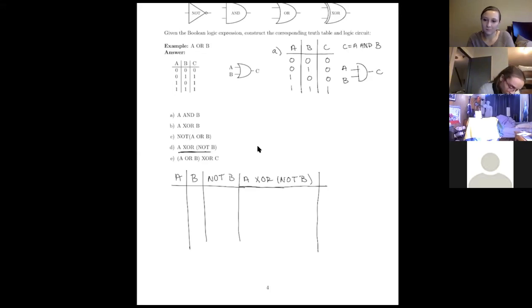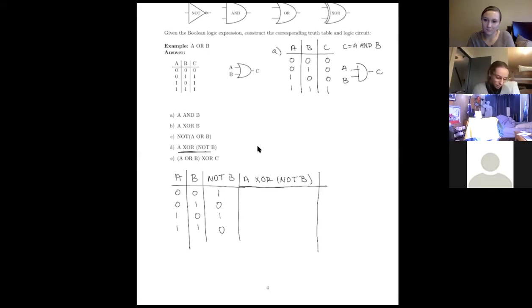So start from A and B, you just do all possible combinations. If they're both 0, A is 0, B is 1, A is 1, B is 0, and they're both 1. Then simply, next column is not B. You just take B and do not, which is just the opposite. So that's just going to be 1, 0, 1, 0.